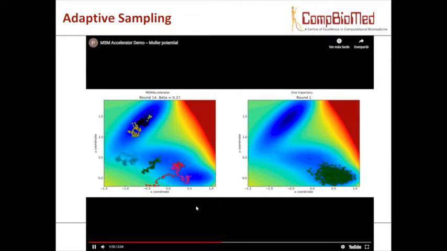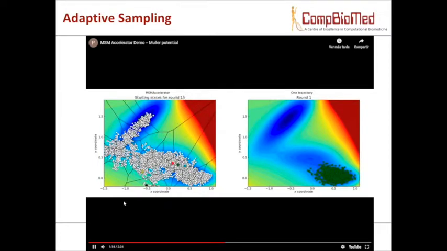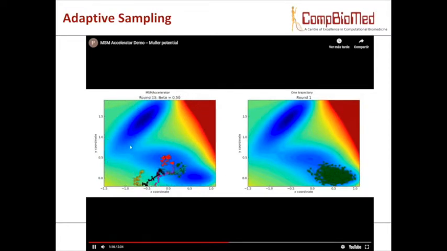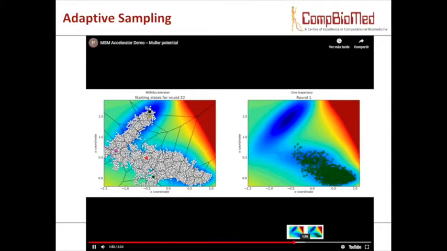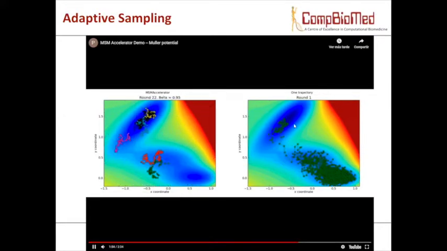It's just by making these decisions that we can make our setup much more efficient. And if we go further, we'll see that once it has discovered everything, it just keeps analyzing, while the single trajectory finally reached this minima.